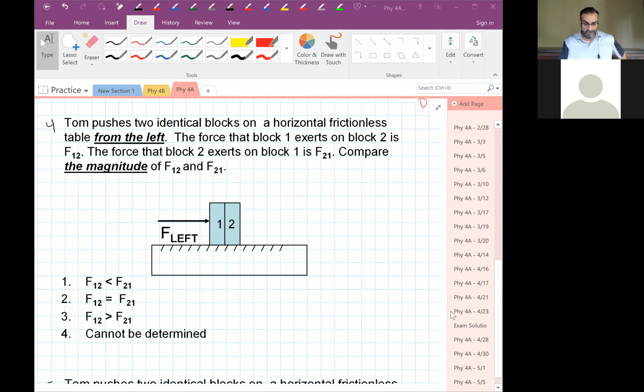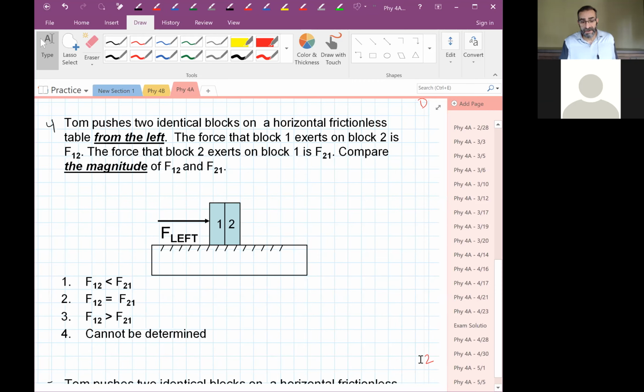Okay, good. So most people said number 2, which is correct. The boxes are accelerating to the right because of that push, right?